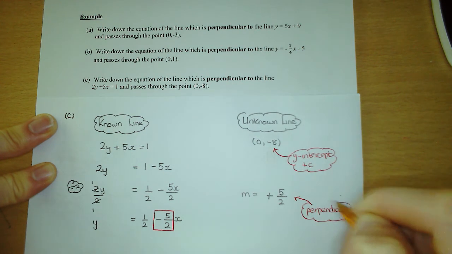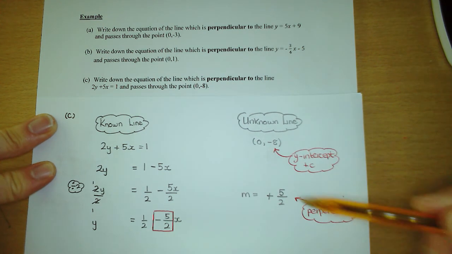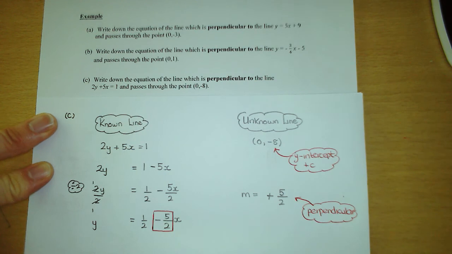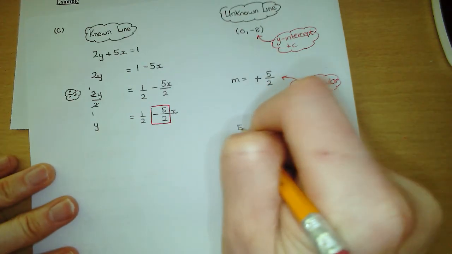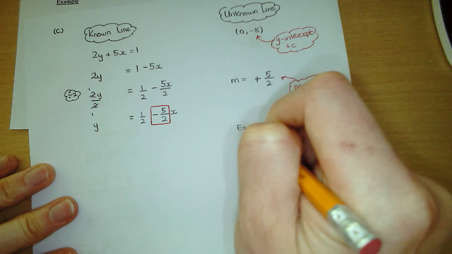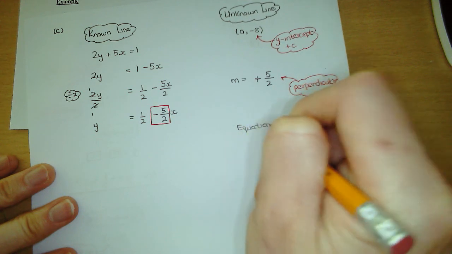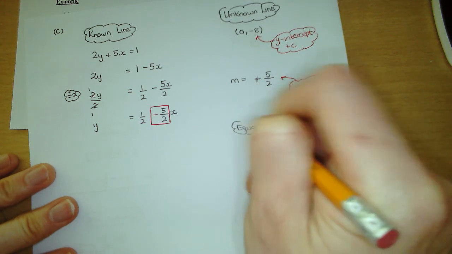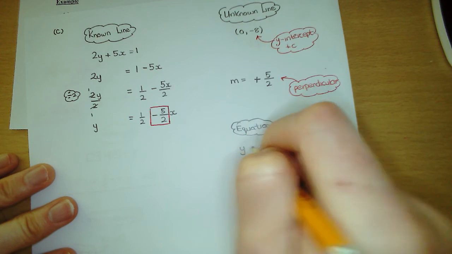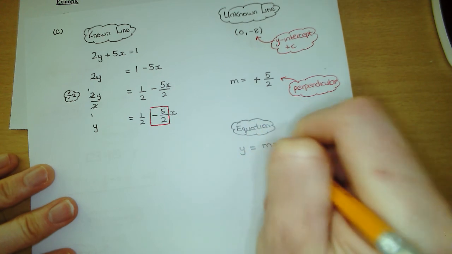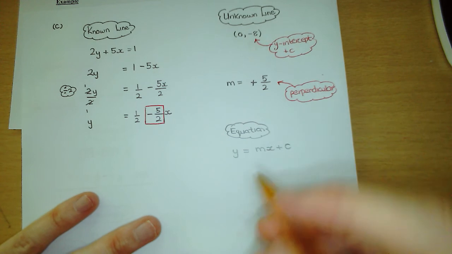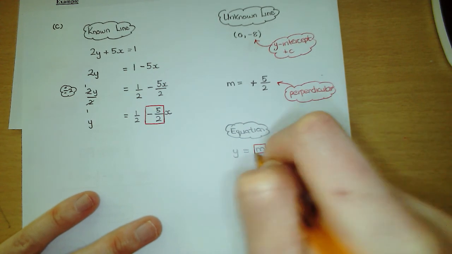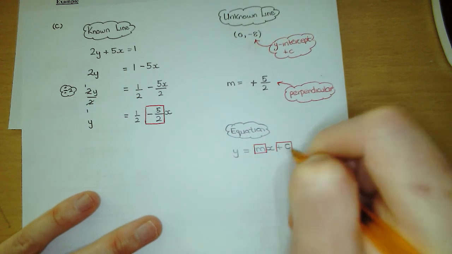So now we know the y-intercept and we know the gradient, we can now write down the equation. So the general equation of any straight line is y equals mx plus c. And then what we're going to do is we're going to replace the gradient m and the y-intercept c with their values.